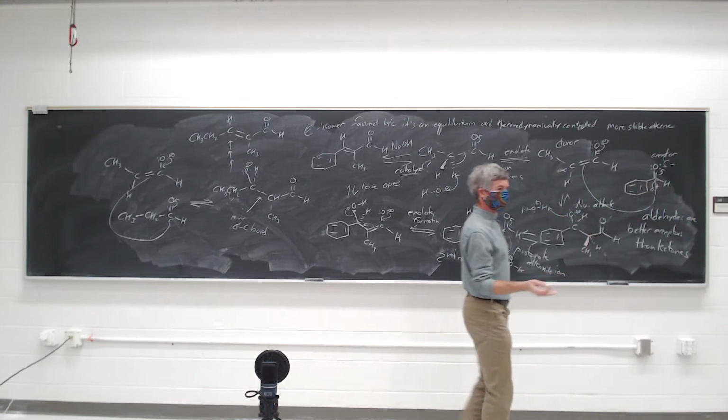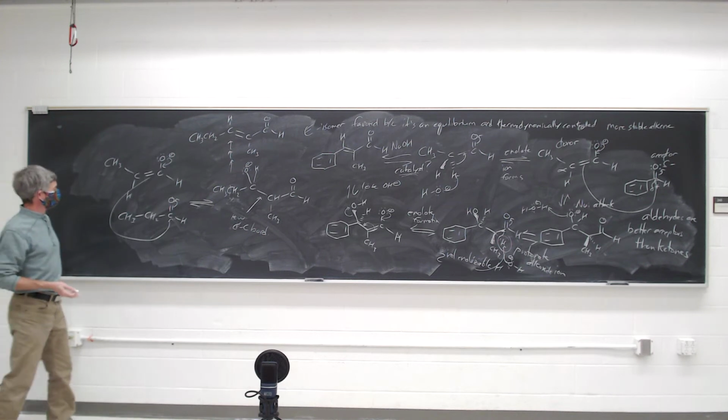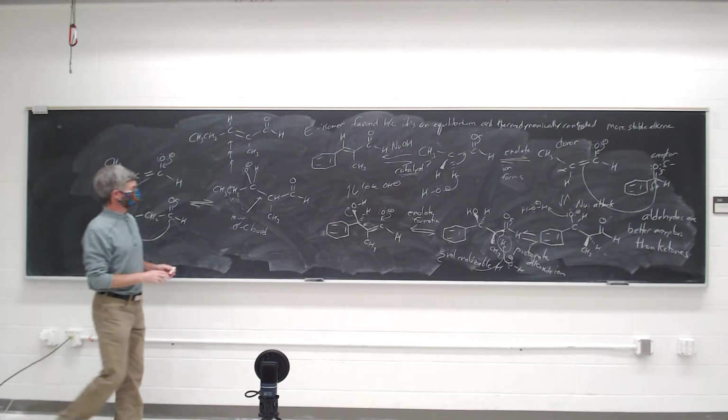But in this particular example, both of our molecules are aldehydes. So how do we prevent the donor from reacting with itself? And that's where the order of addition comes into play.